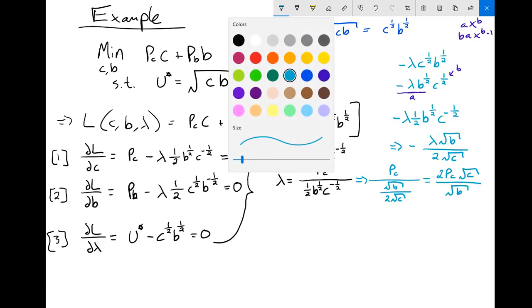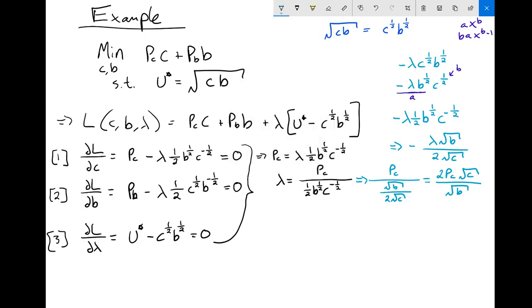Quick algebra side note. If I have a divided by b divided by c, that's the same thing as a times c over b. And I just used that rule here. All right, I'm going to do the same thing over here. I'm going to solve for lambda.